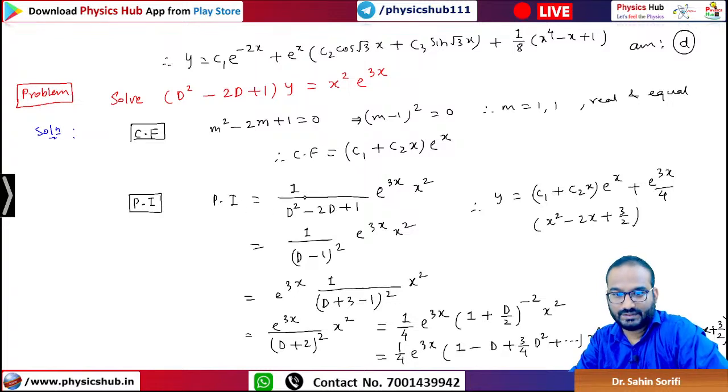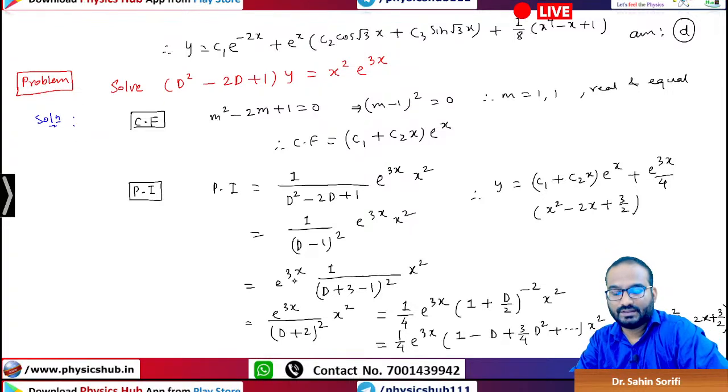And for this one, 1 by D square minus 2D plus 1, (D minus 1) whole square, e to the power 3x multiplied by x square. Then we have used the fourth rule of particular integral, e to the power 3x we have taken left, so D becomes D plus a, so D plus 3.